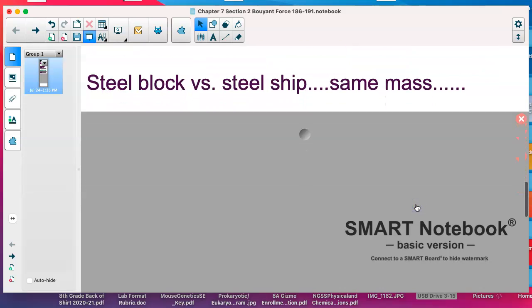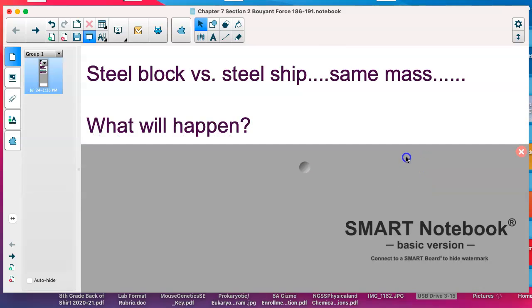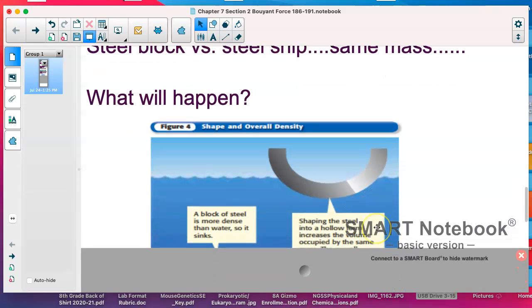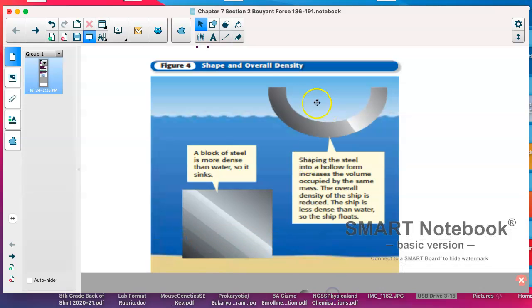And this is what I was talking about with a rock. Your reading talked about a steel block versus a steel ship if they have the same mass. So say they're both 5 newtons, let's just pretend, right? So if we hollow this steel piece into this shape, it's going to push more water away from it. It's going to displace or move more water out of the way. It's then going to increase its volume, even though it has the same mass.